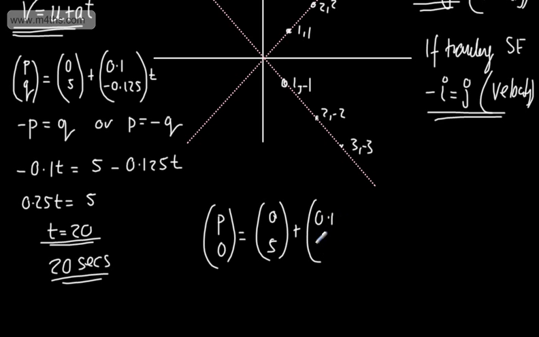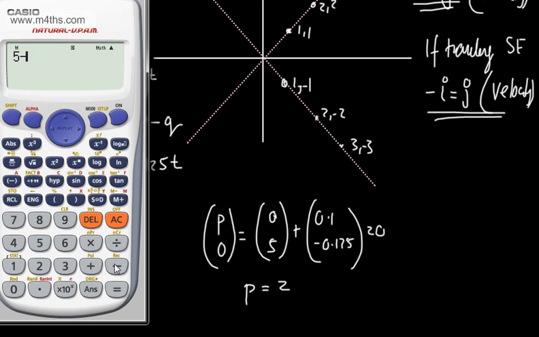So we've got the 0.1 and the negative 0.125, and we're going to multiply this by the time, which is 20. So what's that give us? p is going to be equal to 2. Then on here, we get 5, minus 0.125 times the 20. What's that going to give us? That's going to give us 2.5.